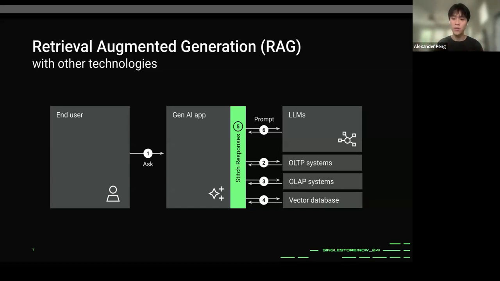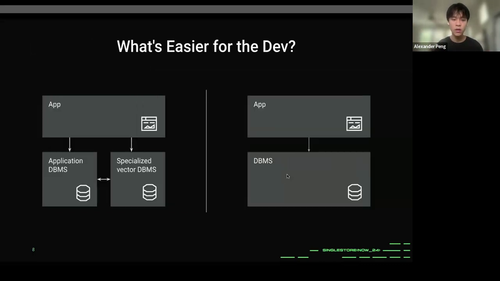You're storing that in a vector database, and finally you're passing that to your LLM so that you enrich the context of the LLM and it's able to be more factual, right?